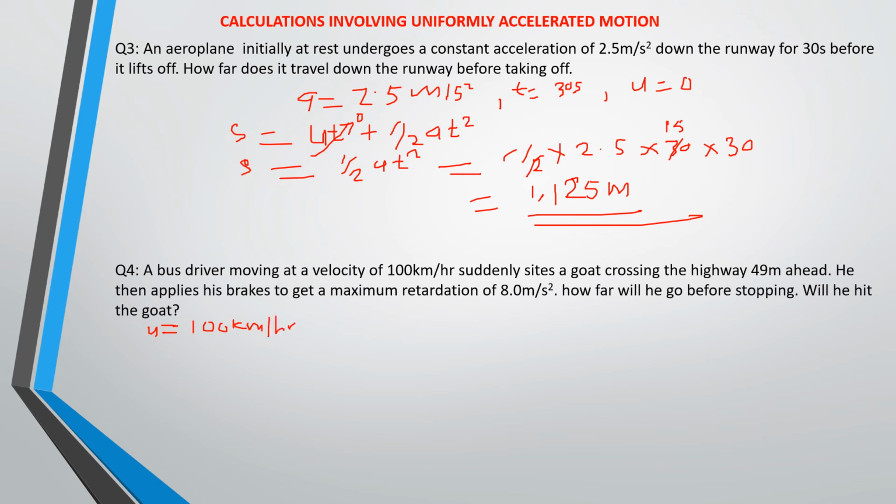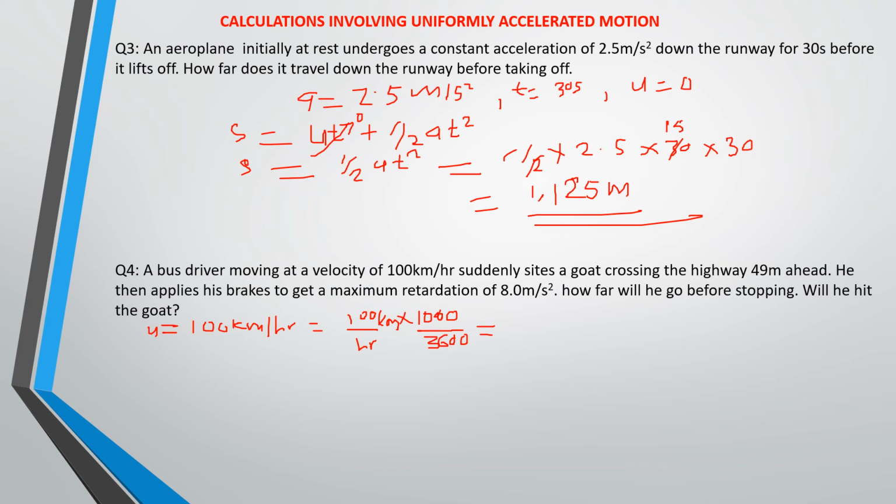Converting this to meters per second, you have 100 times 1000 all over 3600. We've done all this conversion before in our previous videos, so you can go there and check how we did it. I encourage you to know how to do your unit conversions.